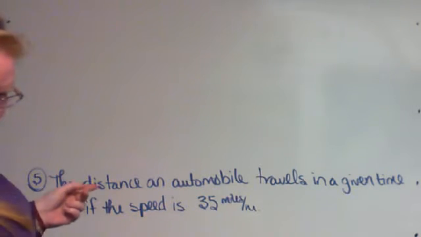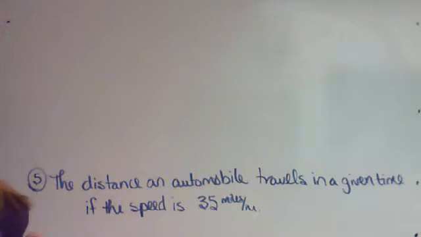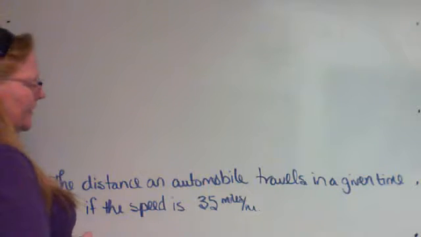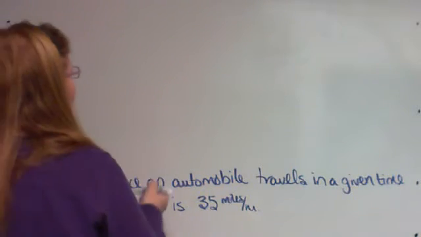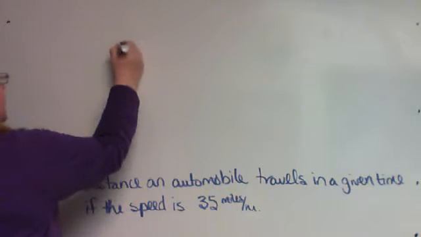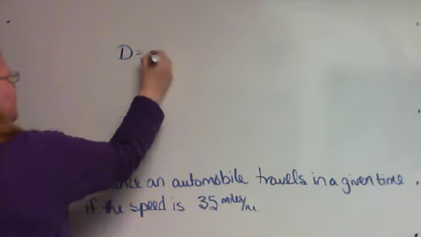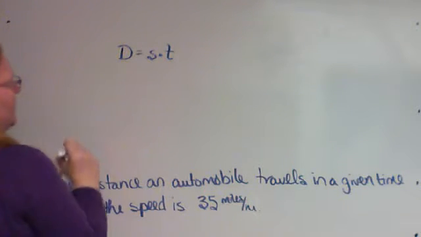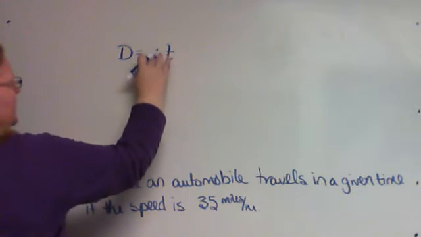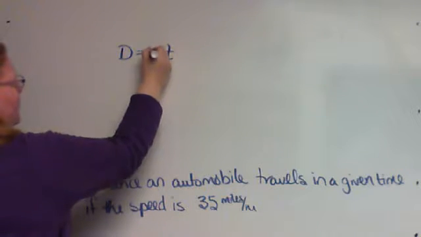The last one, blue. The distance an automobile travels in a given time if the speed is 35 miles per hour. For this one, you need to know that distance equals speed times time. Another way to put it is, instead of using speed, you use rate.